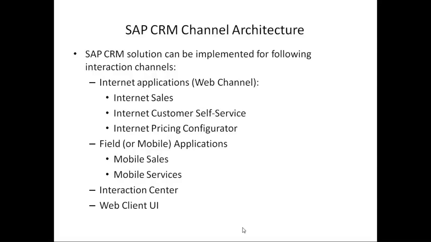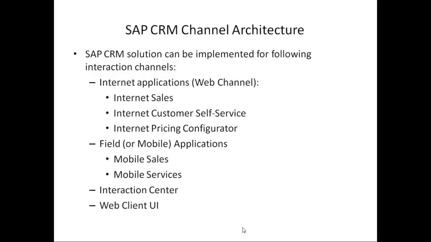And moving on to internet customer self-service, here through the web page, the customer can directly place an order or raise a request that service is required for so-and-so product which is purchased from so-and-so company. So directly the customer will be able to request service for the product that they have purchased from the company.